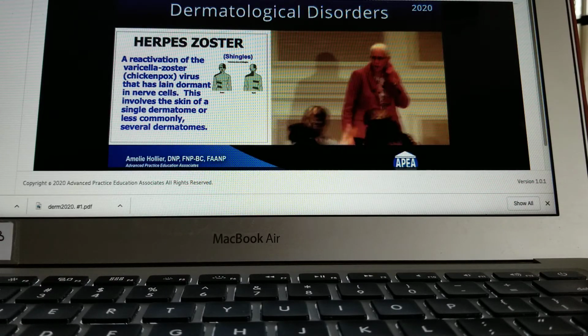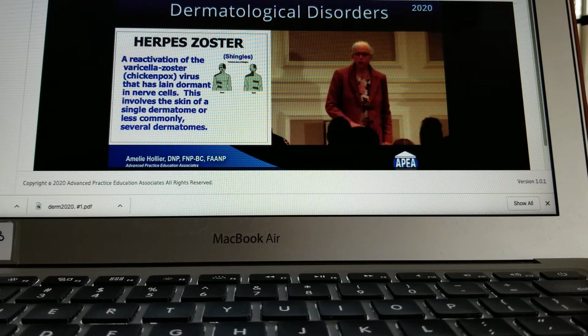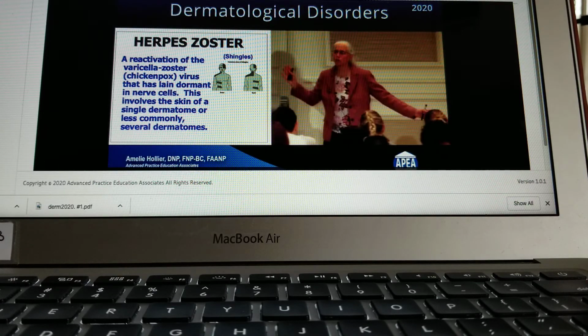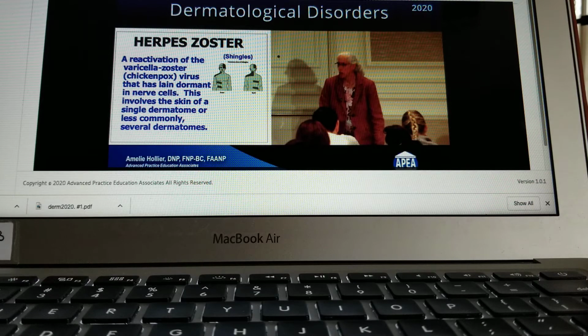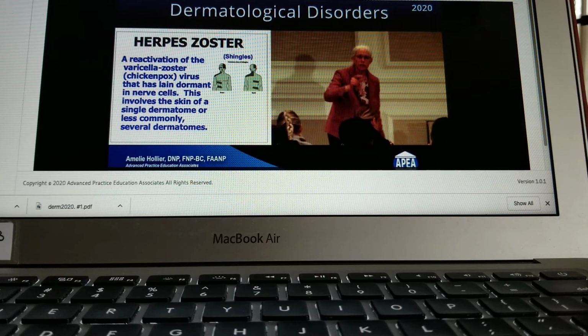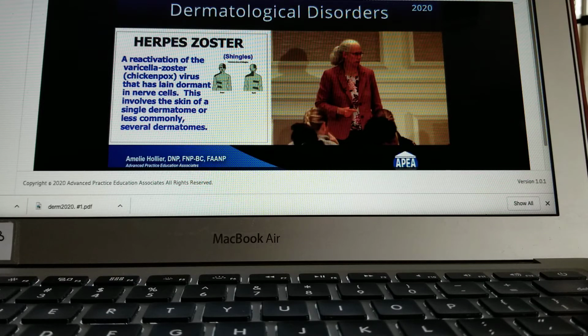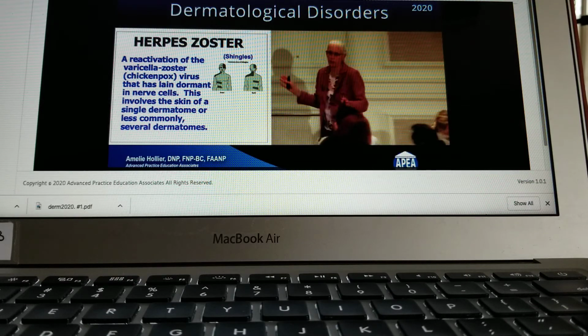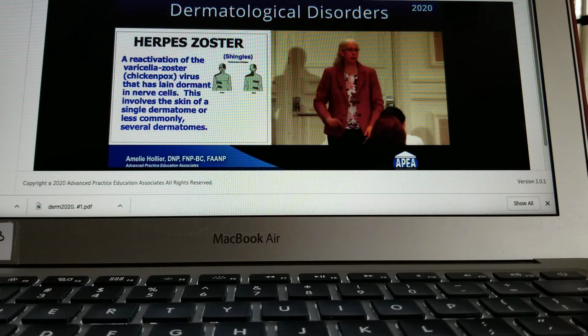Another name for herpes zoster is shingles. So here's what happened to everybody in this room when you were a little girl or boy. You got exposed to the chickenpox virus. Even if you tell me, Emily, I never had chickenpox, you got exposed to it.